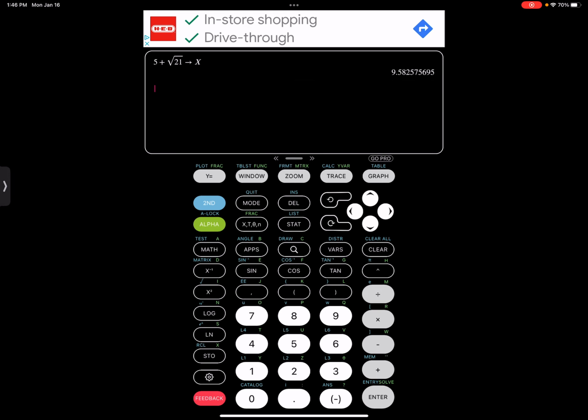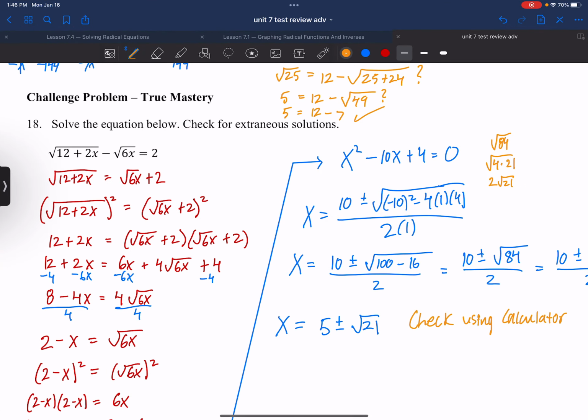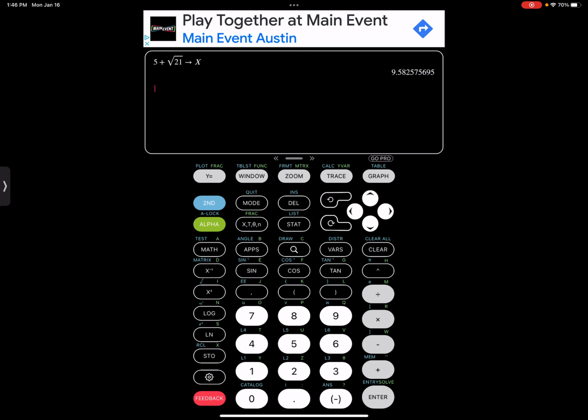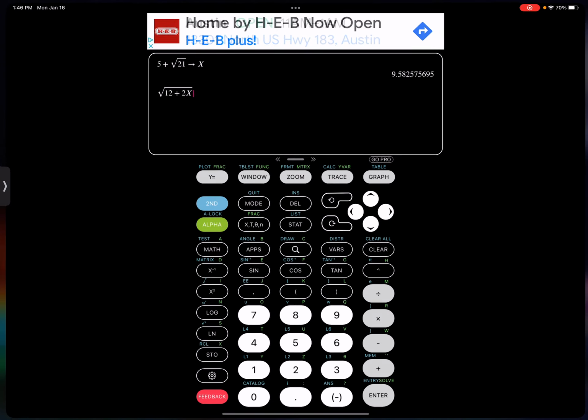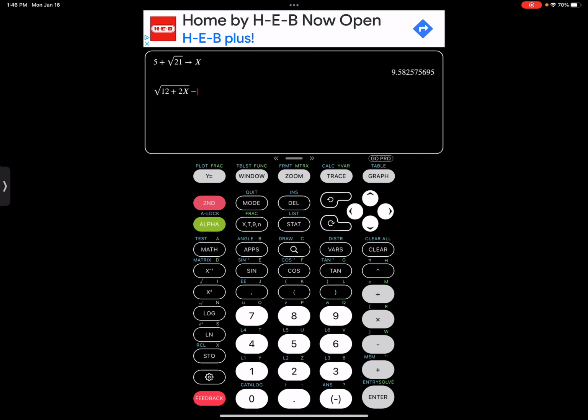And then, what was our equation? Square root of 12 plus 2x minus square root of 6x. And we want this to come out to positive 2.